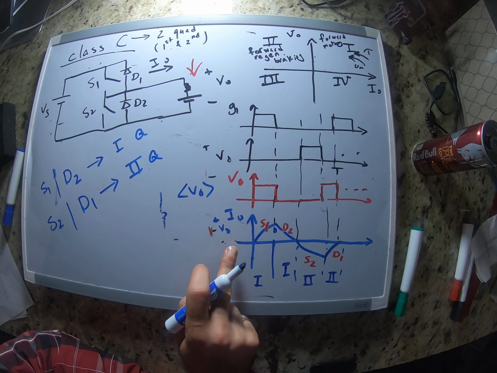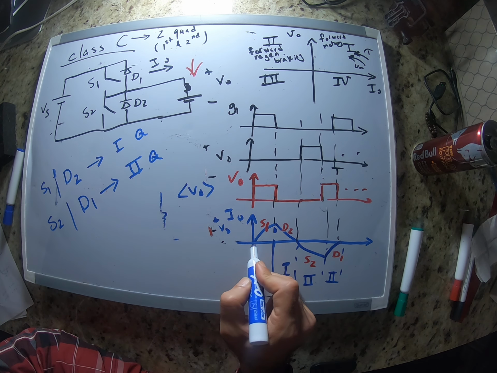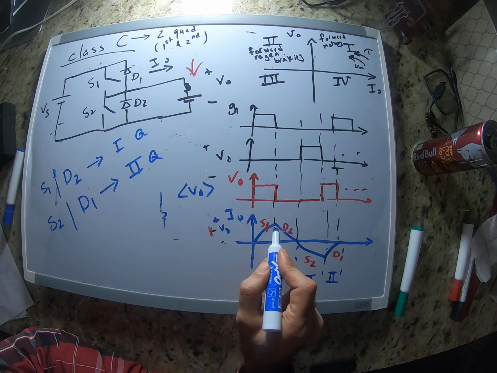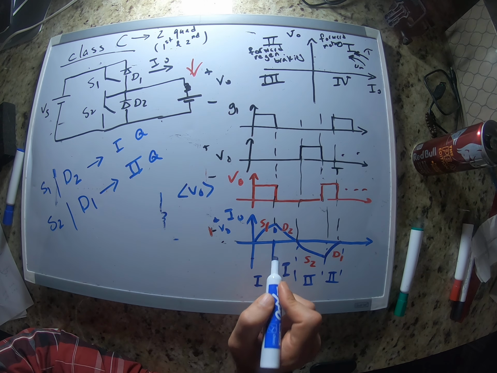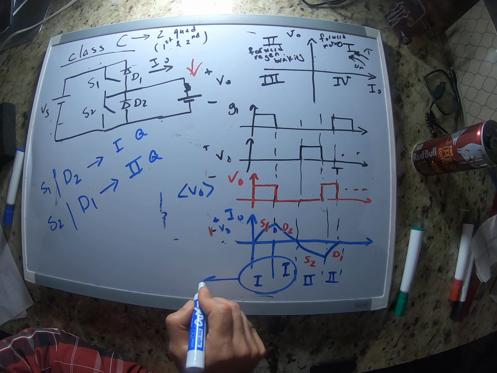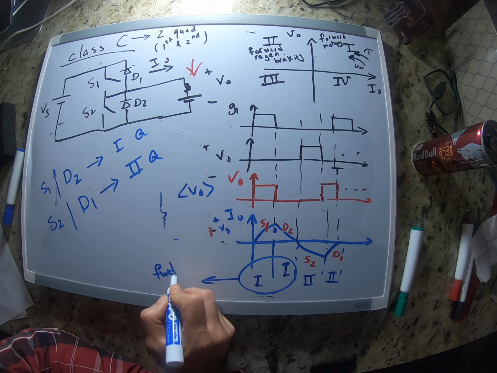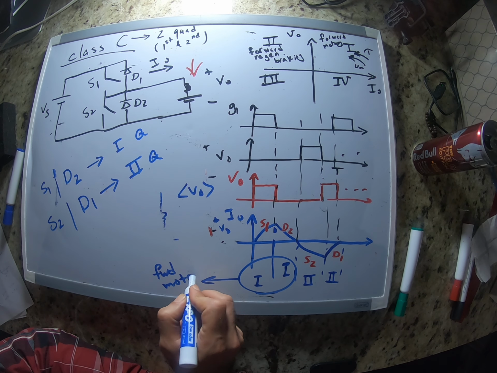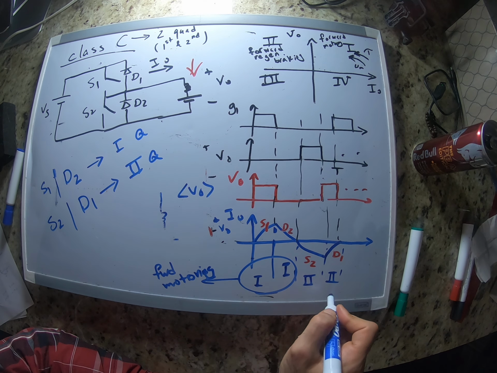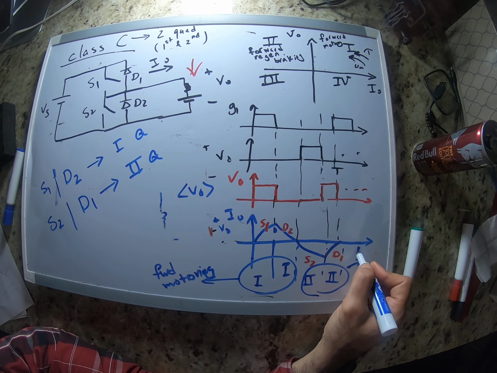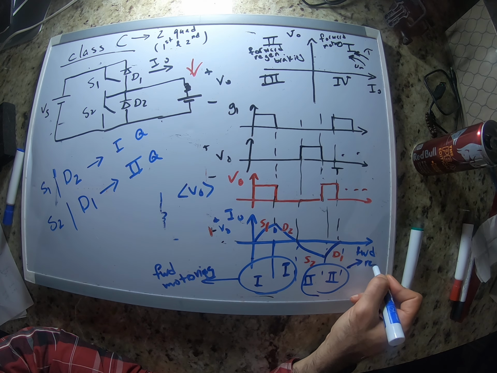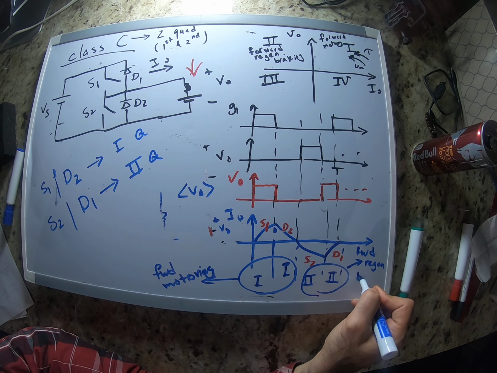In this case, the current is ramping up. We are in the motoring mode. So here we are in the forward motoring part. And here this is in the forward regenerative braking.